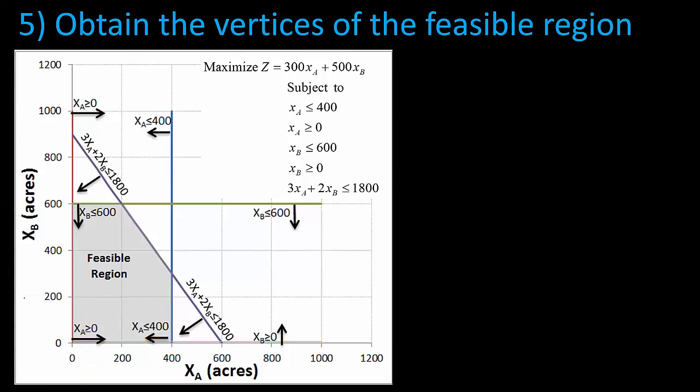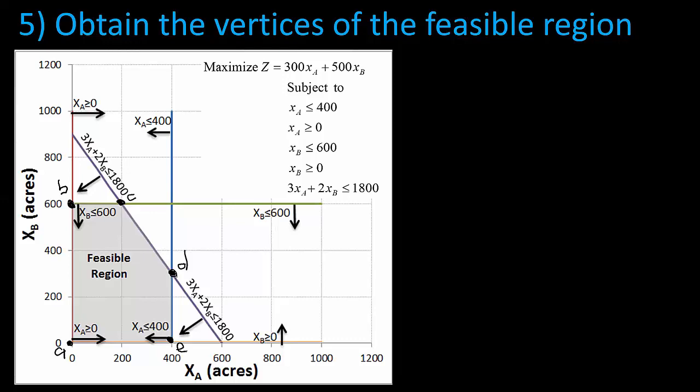We want to find the specific corners here. This is what I was referring to as the vertices. This one I'm going to call A, this one B, this one C, D, and in this case E.